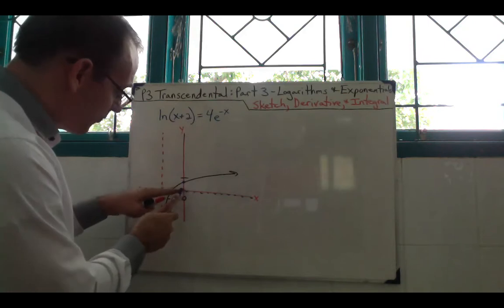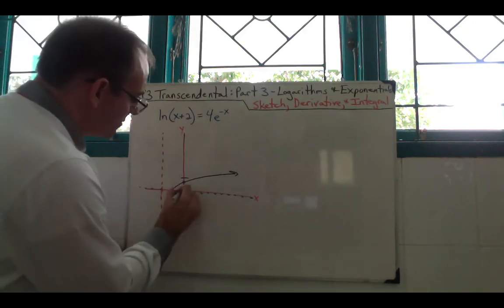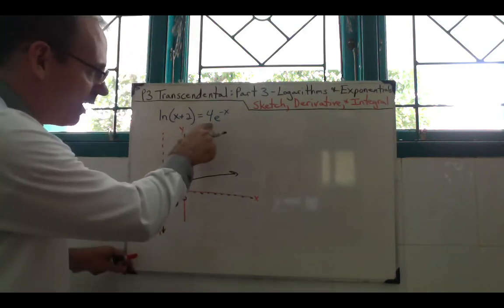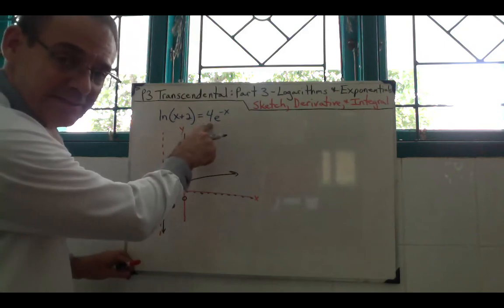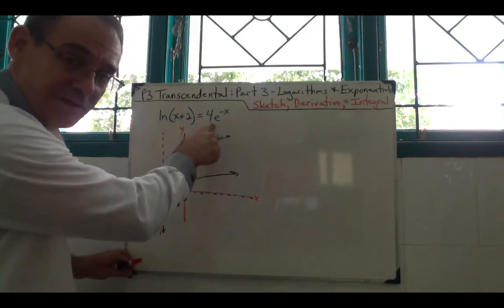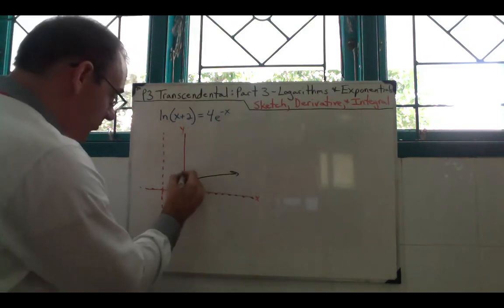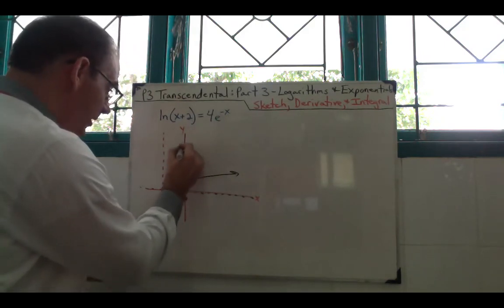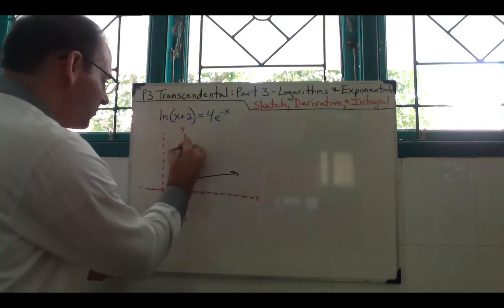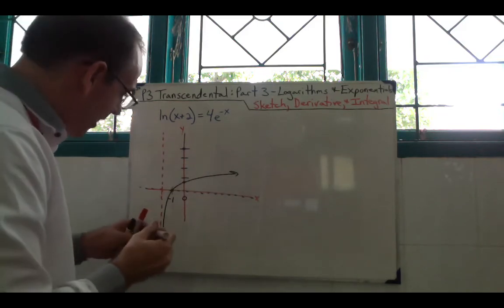And so from our origin, we go up a units from the origin, or from the k if it has a k. Here's 1, 2, 3, 4. So that's a point there.